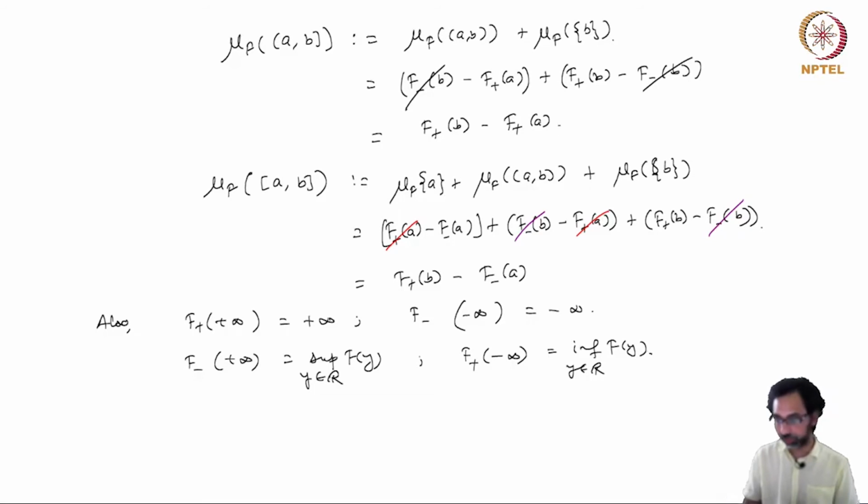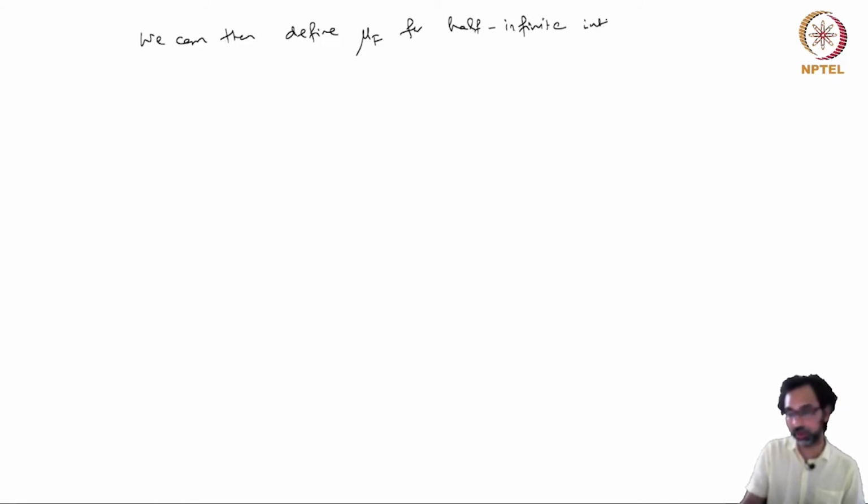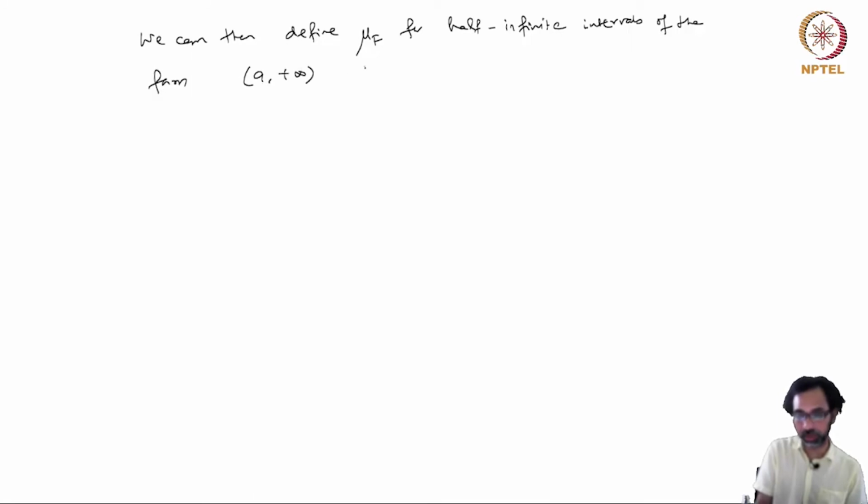So using this we can define mu f for half infinite intervals of the form (a, plus infinity) or (minus infinity, a) and so on, and even (minus infinity, plus infinity).